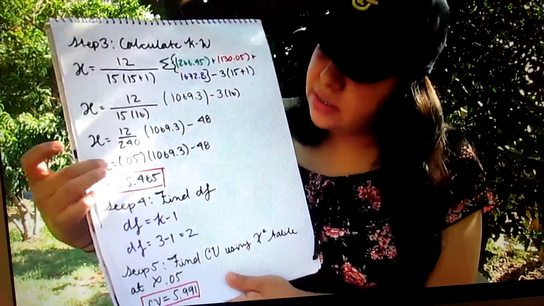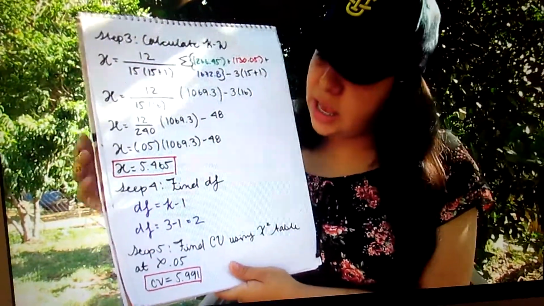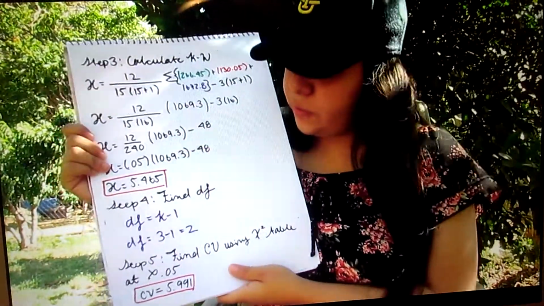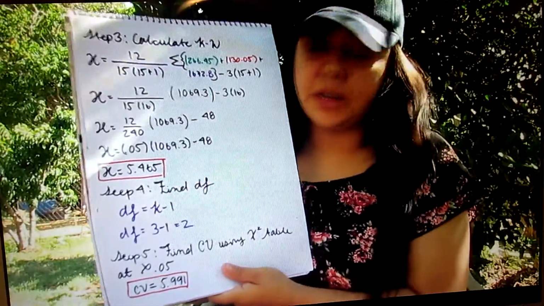Once we calculate the test statistic, which in this case is going to end up to be 5.465, we can move on to find the degrees of freedom.